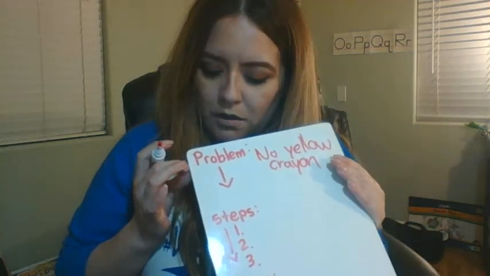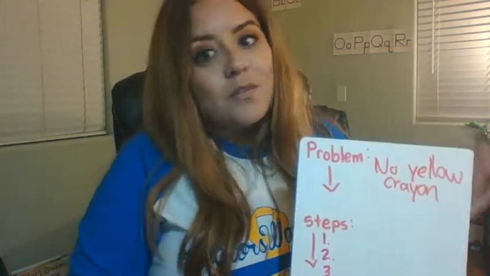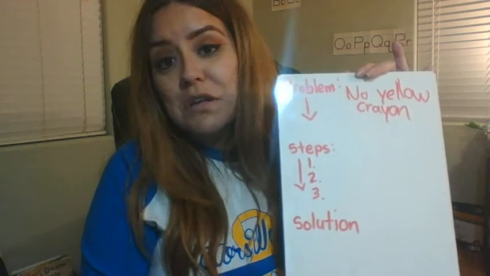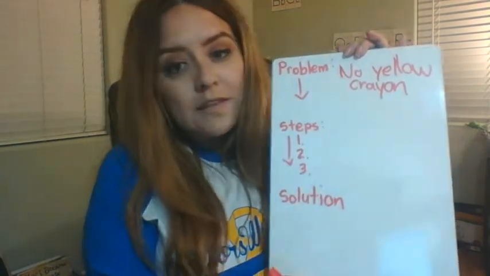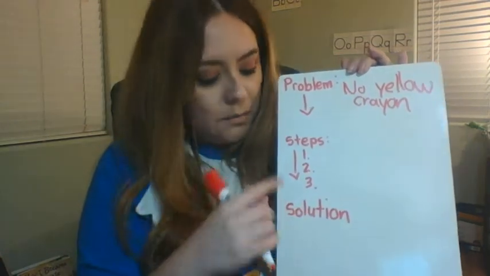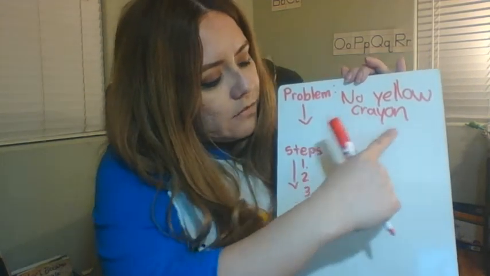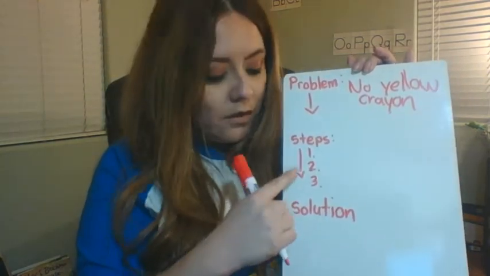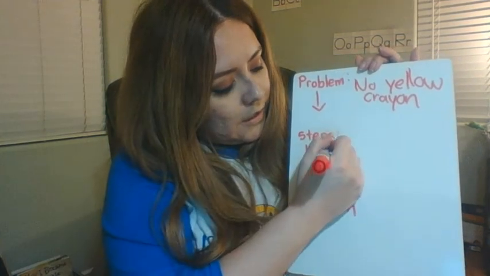So that's my problem. I need to work to find a solution for that problem, because we know that just sitting there is not a solution, right? There are a lot of things that I could do. So the next thing I would do is follow some steps to help me find a solution. My problem is that I have no yellow crayon. One, I can ask my neighbor.